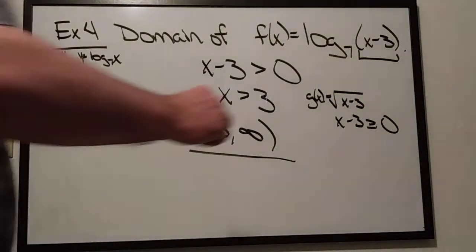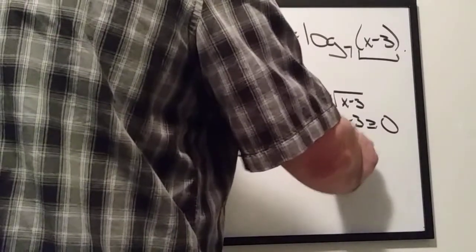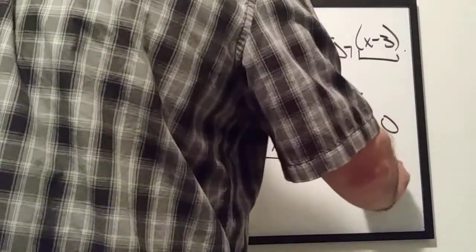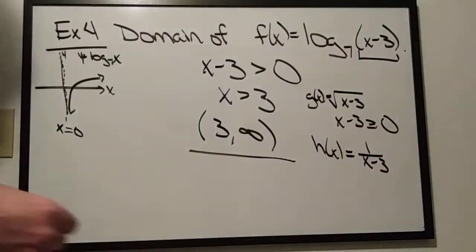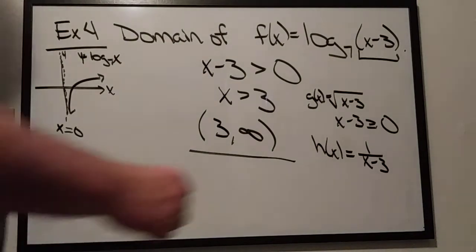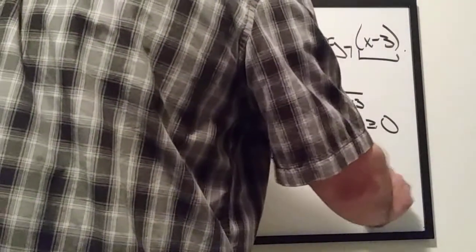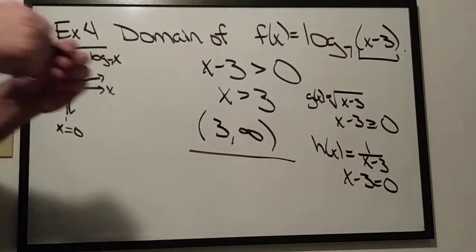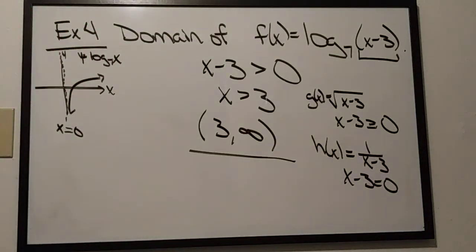But if you were looking at a rational function like h of x equals 1 over x minus 3, in that case you would take the denominator, x minus 3, set that equal to 0, and find the x values that you would need to exclude.